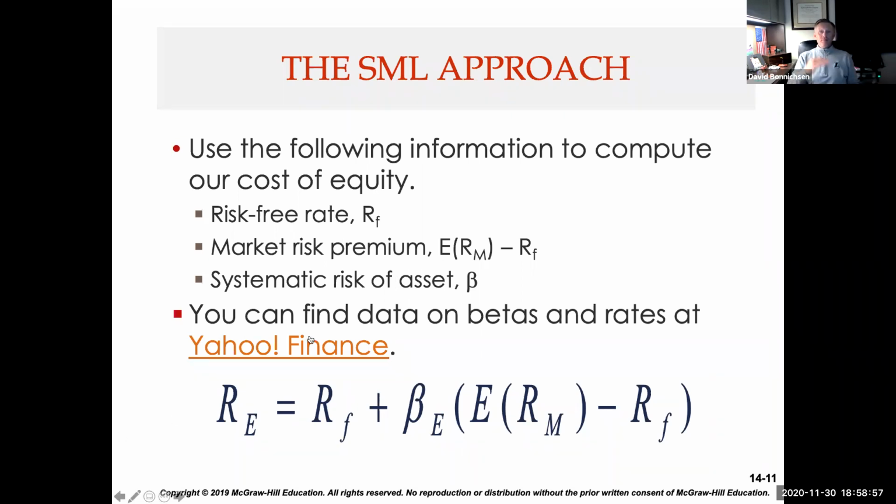So the SML approach brings risk into the equation, brings a risk premium into the analysis, something above and beyond that risk-free rate that we're expecting to receive, to determine what the expected return is, aka cost of equity.